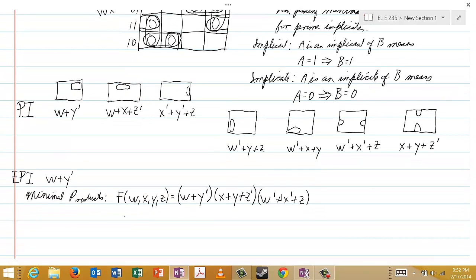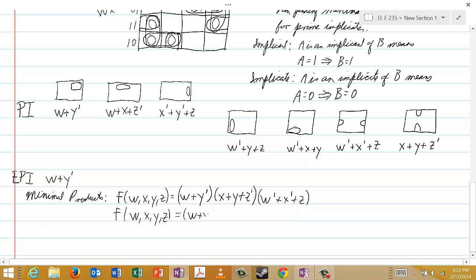So I'll go ahead and have f of w, x, y, z equals w or y prime, x or y or z prime, w prime or x prime or z.